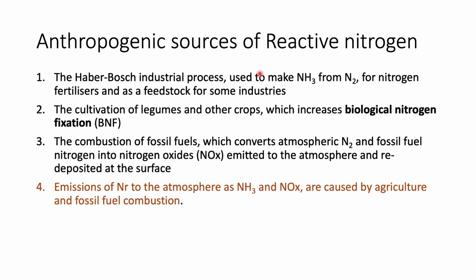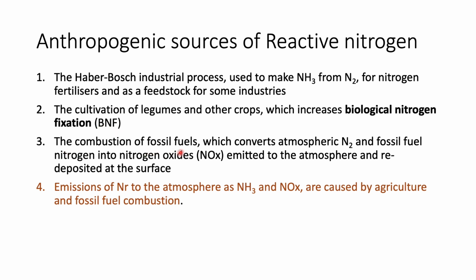What are the anthropogenic sources of reactive nitrogen? The first one is the most famous Haber-Bosch industrial process, which is used to make ammonia from nitrogen for nitrogen fertilizers and as feedstock for some industries. So this is the biggest industry in the entire world. The second one is the cultivation of legumes and other crops, which increases biological nitrogen fixation, called BNF.